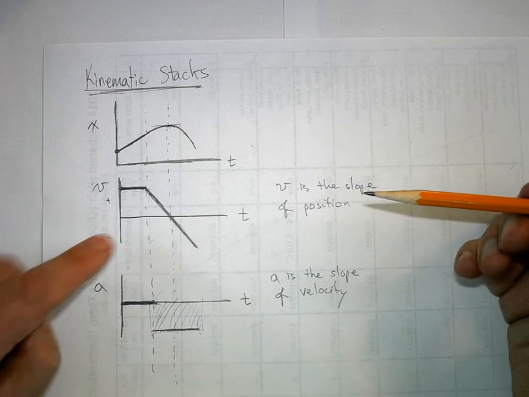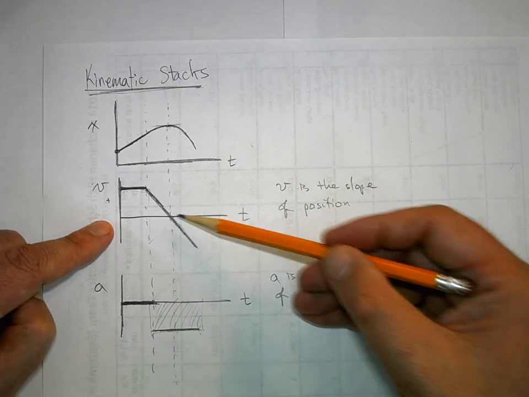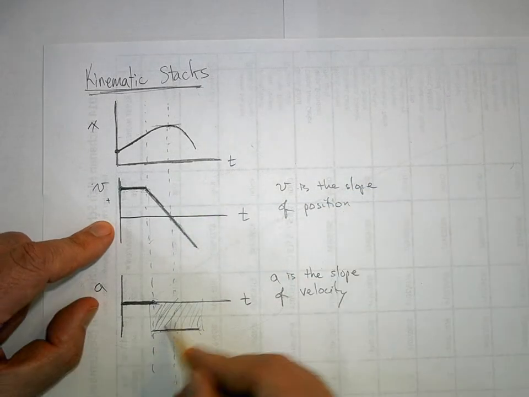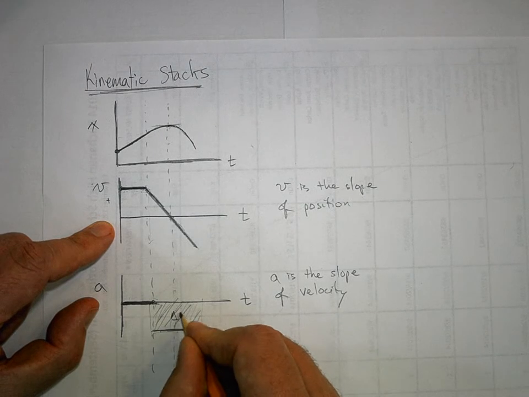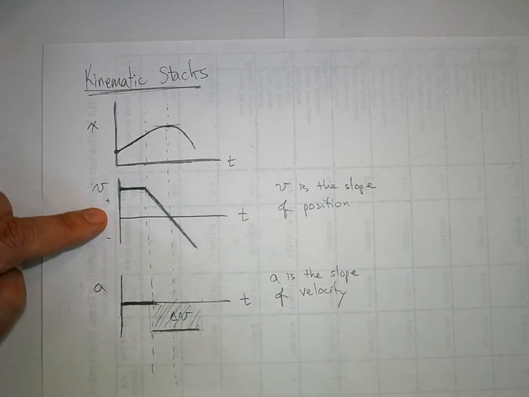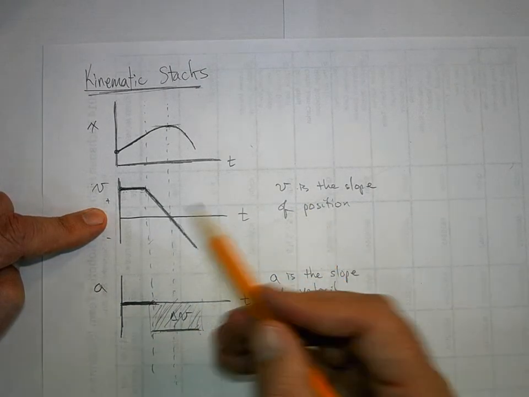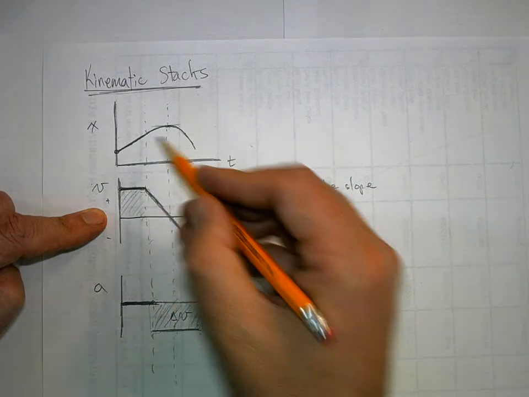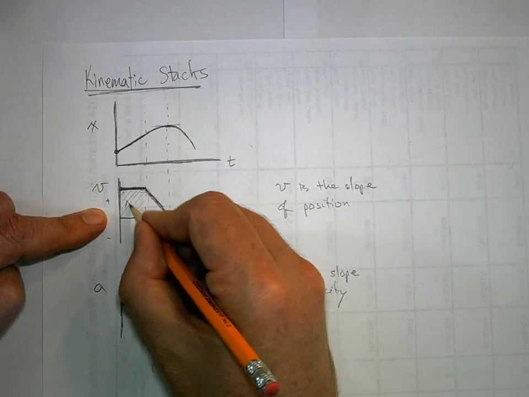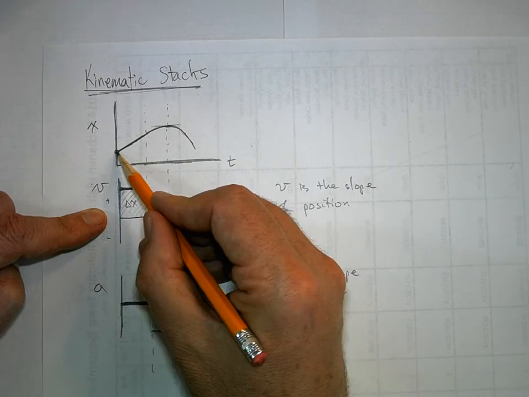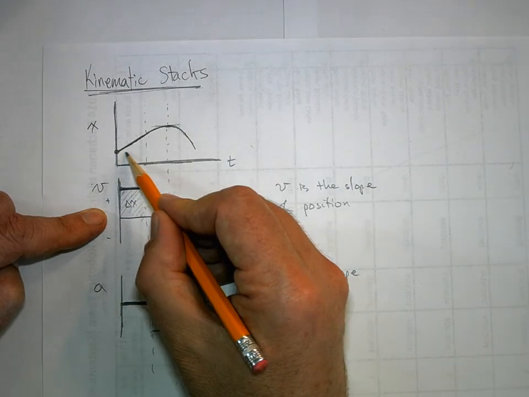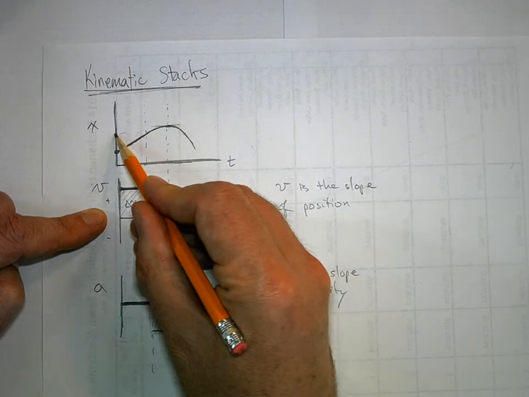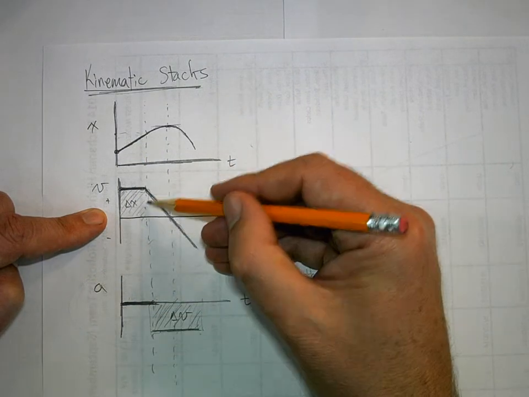And then we'll go here. So this area here represents the change in velocity. And I look right here. Oh, I got velocity. What does this represent here? Oh, that represents my change in position. What was my change in position? Starting from here, I went up to here. And then what is this?